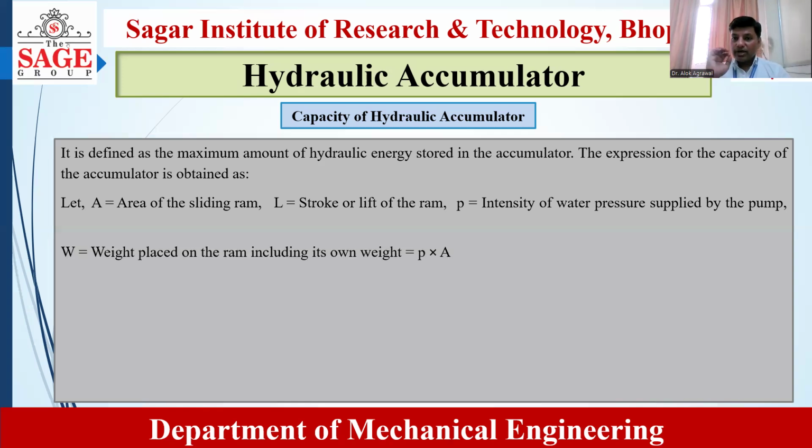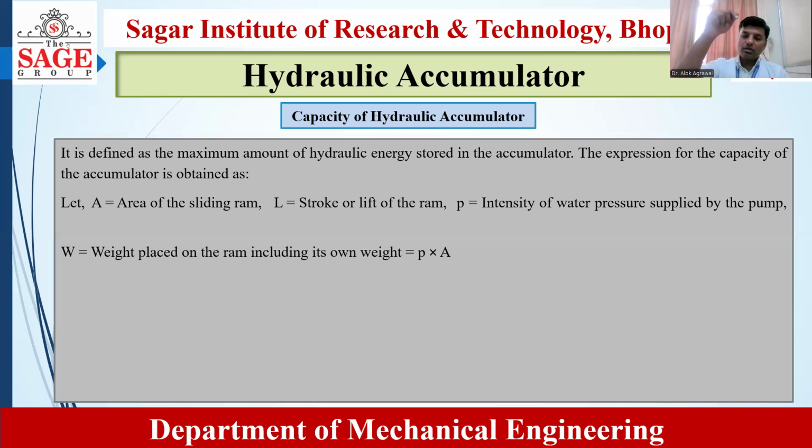We have seen that when the pump supplies water inside the fixed cylinder of the accumulator, it lifts the ram. Now, when the ram is at the uppermost position and we stop the supply of water from the pump, the ram will remain in its position, and we call this equilibrium. When a body is in equilibrium, the net force acting on the body is zero.